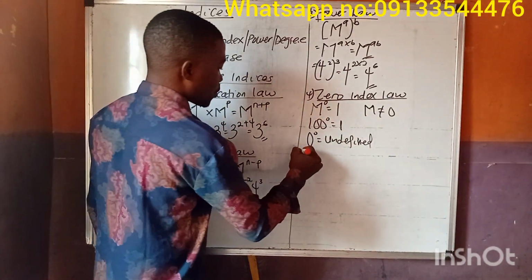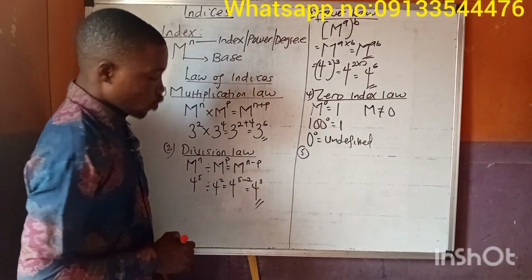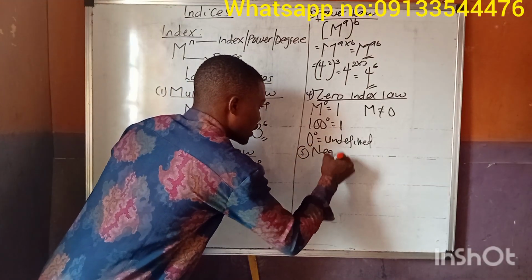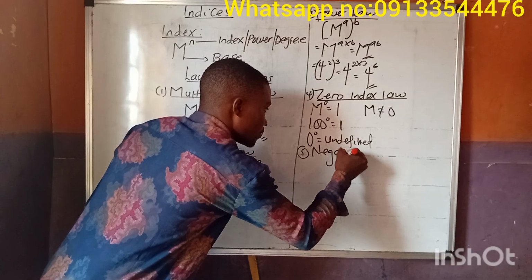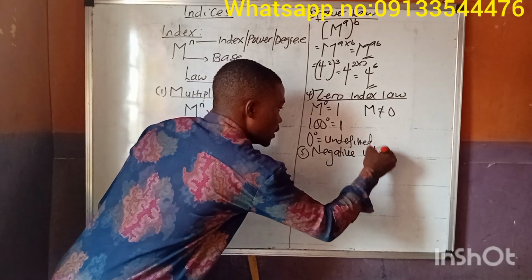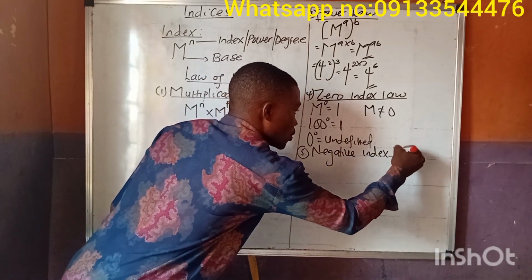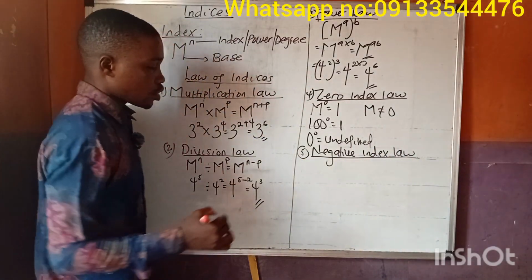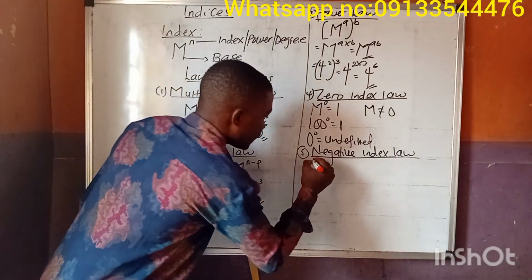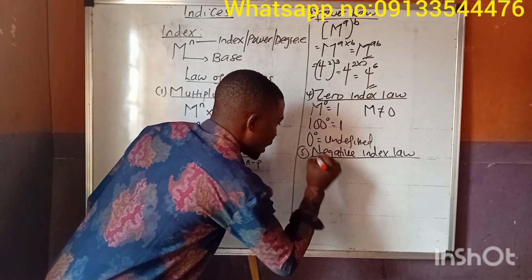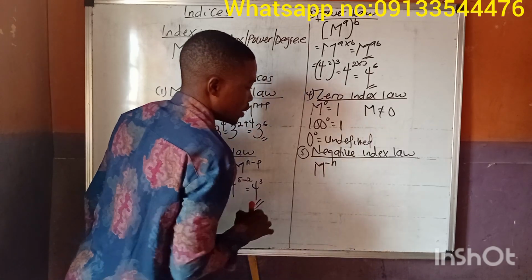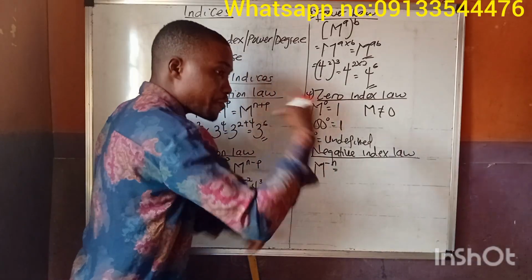Then the fifth one, we'll look at the negative index law. Negative index law is saying that if a base has a negative index, let's say this is m to power minus a, you look for the inverse.